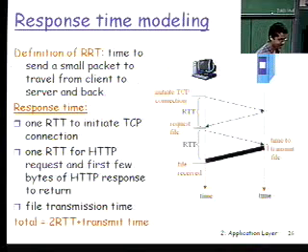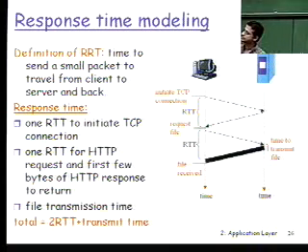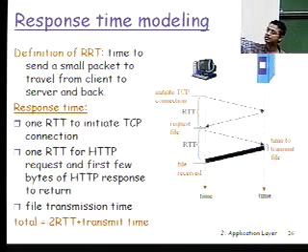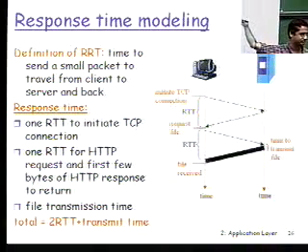See, here we're doing response time modeling, how long it takes to transmit a particular object, right? So this initial time, the TCP handshake, is the overhead for every transfer.